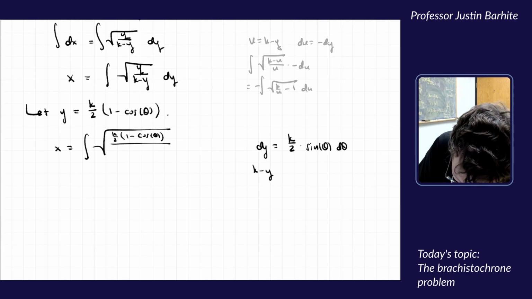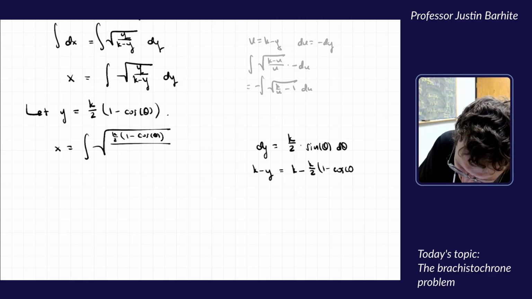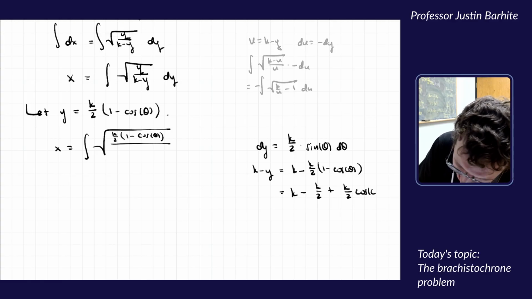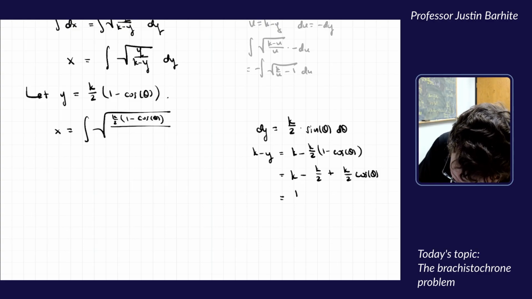K minus y, we're saying y is k over 2 times 1 minus cosine of theta. If I distribute that k over 2, I get minus k over 2 plus k over 2 cosine theta. And then k minus half of k is just half of k.